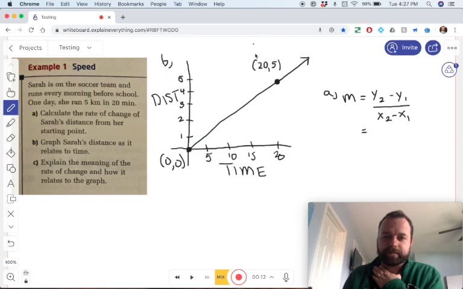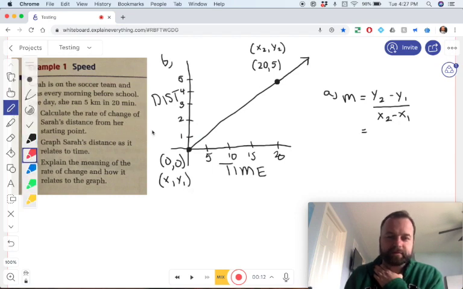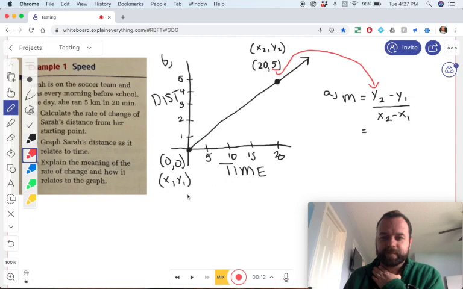So we can consider this the point x2 and y2. We consider the origin as the point x1 and y1. I'm just going to sub in the pieces that I know. So I know that y2 is 5. I know y1 is 0.